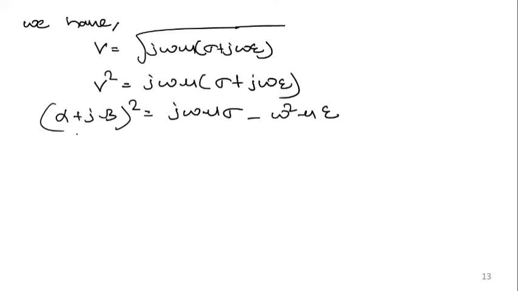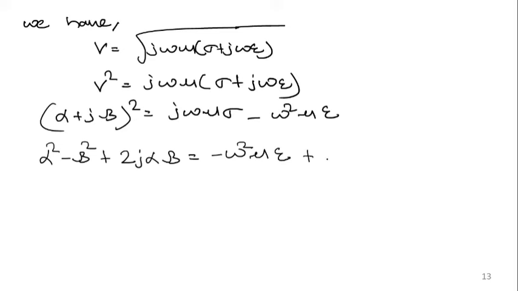Now we will use the property (a plus b) the whole square. So it will be alpha square minus beta square plus 2 into j into alpha beta is equal to minus omega square mu epsilon plus j omega mu into sigma.